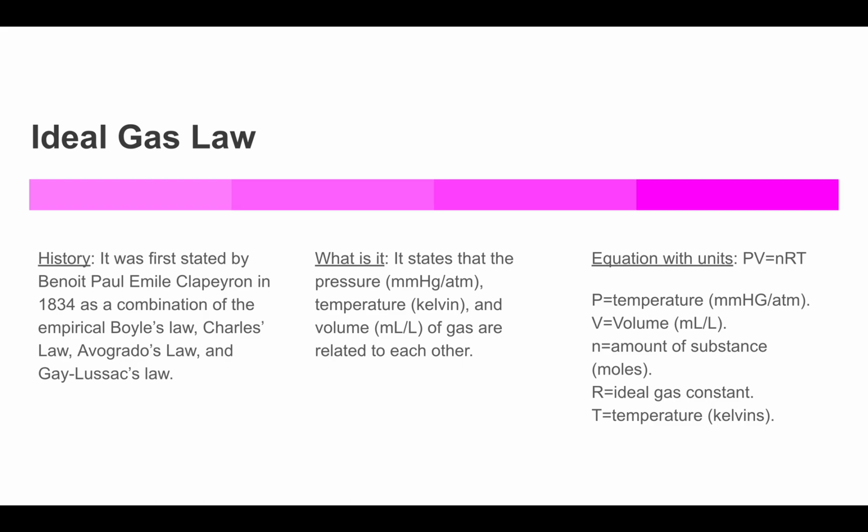It states that pressure, temperature, and volume of a gas are all related to each other. The equation is pressure times volume equals n, the amount of moles, times R, the ideal gas constant, times temperature in kelvins.